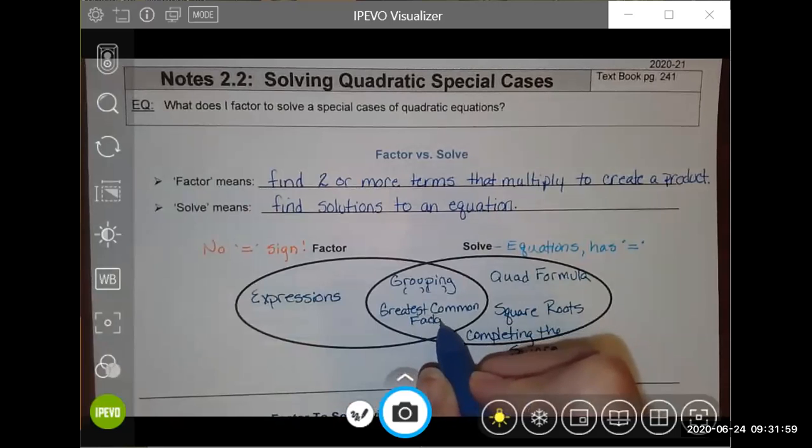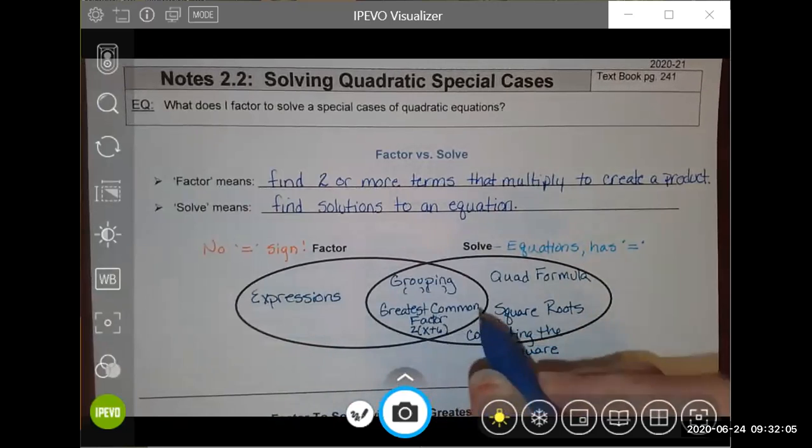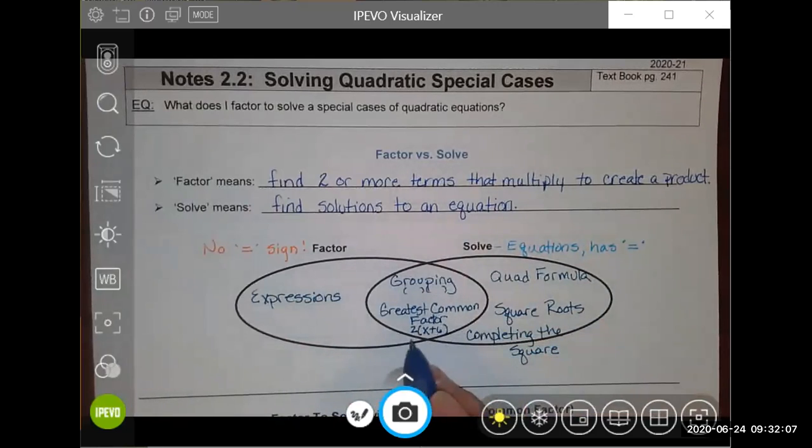When using GCF, lots of times we would end up with 2 times x plus 6, and these are two factors. What we did is perhaps started with 2x plus 16, and we factored out the largest common factor. And then lastly, the other one we do is difference of squares, and that would go in the center also.